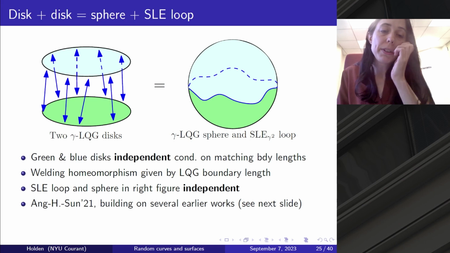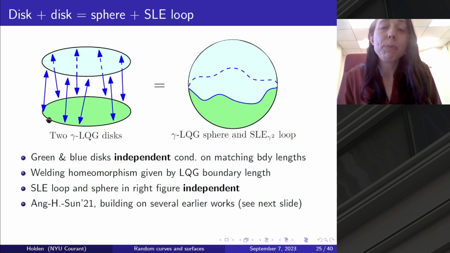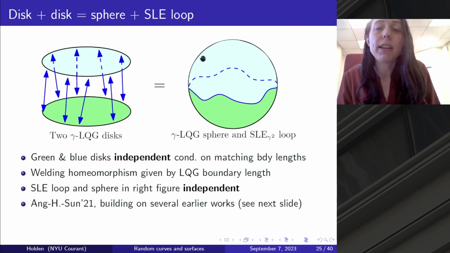So in our work, we're arguing that this conformal welding operation is well defined, and we also give an explicit description of the object that we get when doing this welding. What turns out is that when we weld these two disks together, we get exactly the LQG surface known as an LQG sphere, and the interface between the two original disks is given by an independent SLE loop.